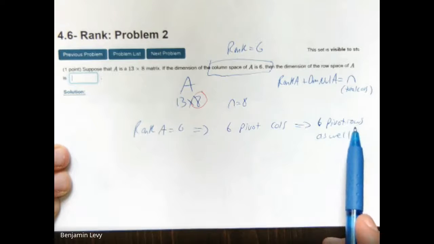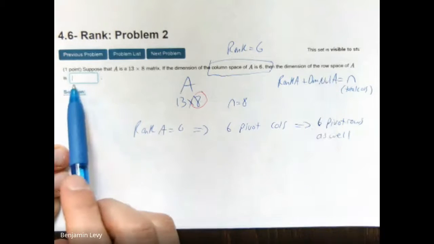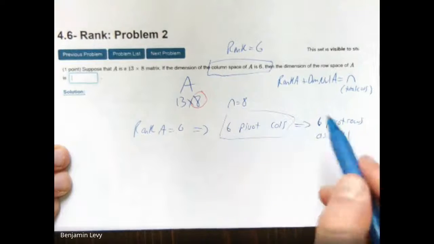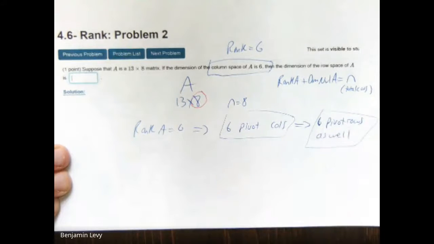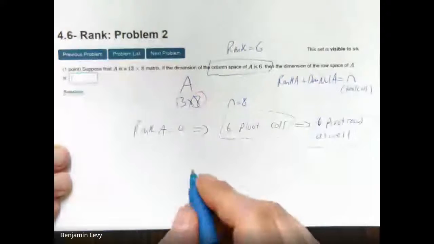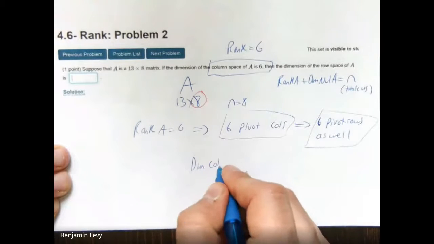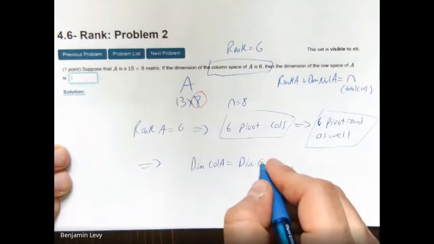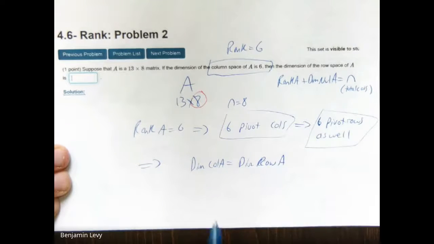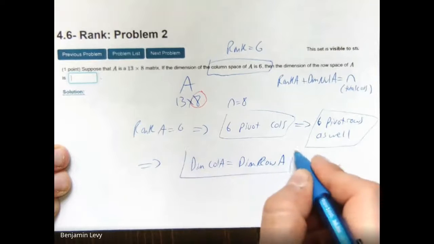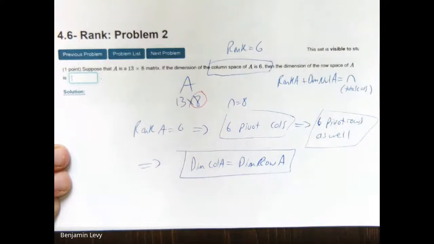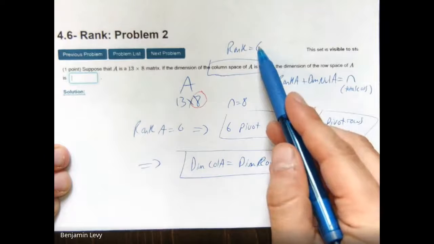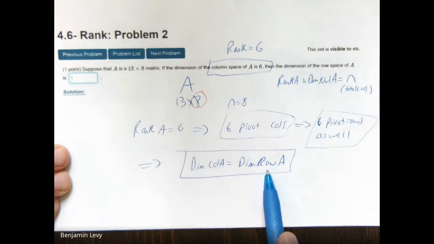So the question here is, what's the dimension of the row space? The number of pivot columns tells us the number of pivot rows, so the dimension of the column space and the row space are the same. This is not in the notes, but I thought it was fair to reason through. So if the rank is 6, the dimension of the row space is also 6. In general, the dimension of the row space equals the dimension of the column space.